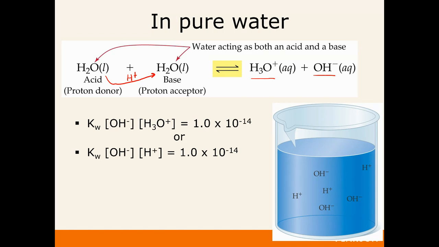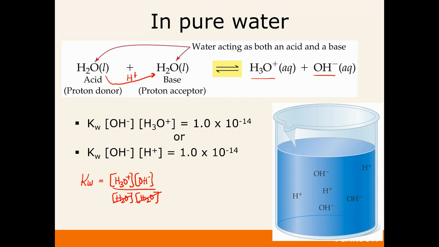And the equilibrium expression that we could write would be K equals H3O plus times hydroxide over the water. But the water, if you recall from our previous discussions, we talked about how pure liquids and solids do not appear in the equilibrium expression.